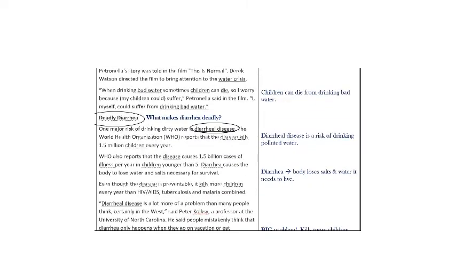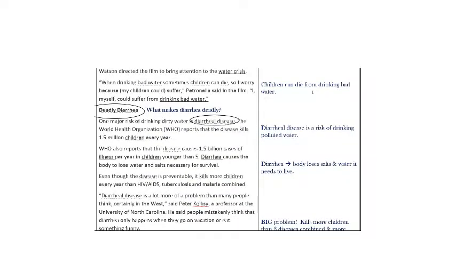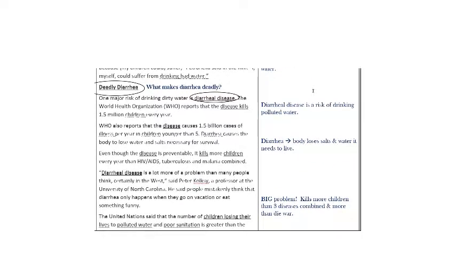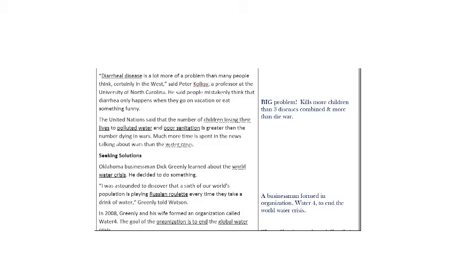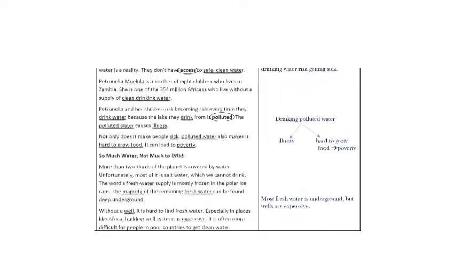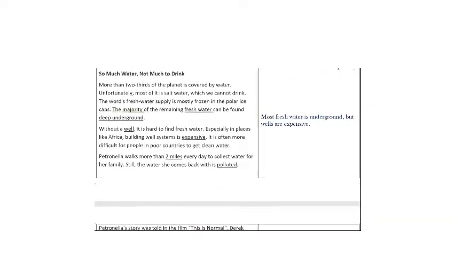All right, now we're back to more consequences. Children can die from bad drinking water. There's a lot here about how water can actually be bad for you. It causes diarrhea, and how big the problem is. So this is still all about the problem of drinking water, why we have it, and what the consequences of that problem are.